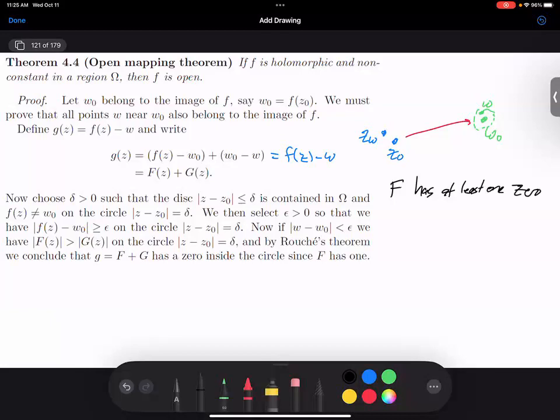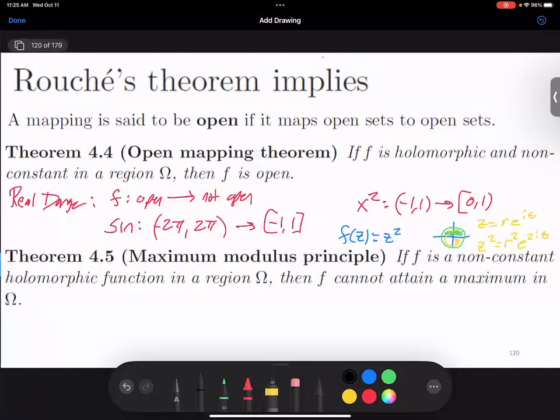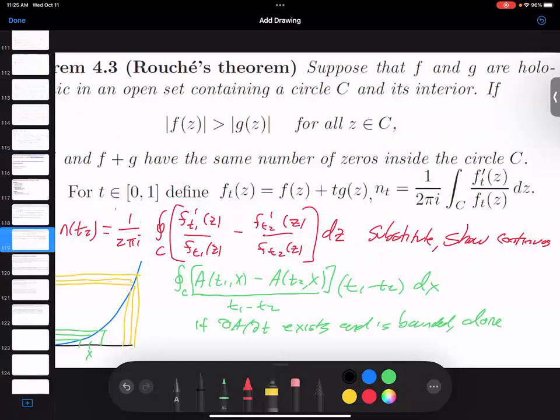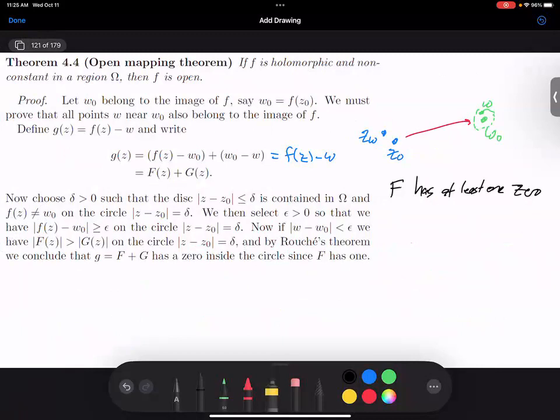So if we can show that big F, now let's see, we've got to look and see how Rouché's theorem is phrased. We want our function big F to have absolute value greater than G, then F and F plus G have the same number of zeros. So what we're doing here, we want to show F and F plus G have the same number of zeros.